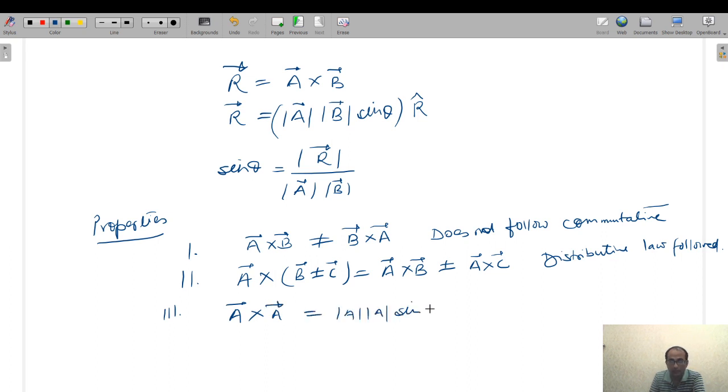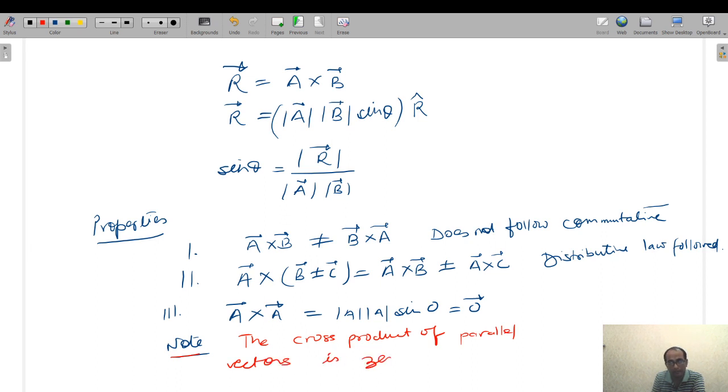Okay. Now the third one, what if I multiply a vector by itself? So this is sin 0. The angle between them is 0, right? So they are parallel. So this comes out to be a 0 vector, whose magnitude is 0 only. So this should be noted here. The cross product of parallel vectors is 0.